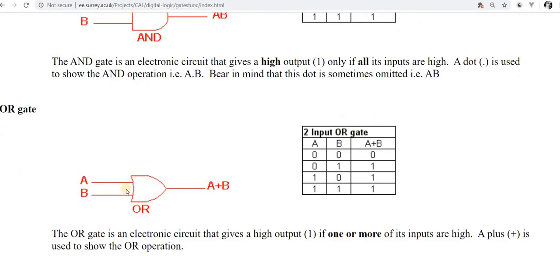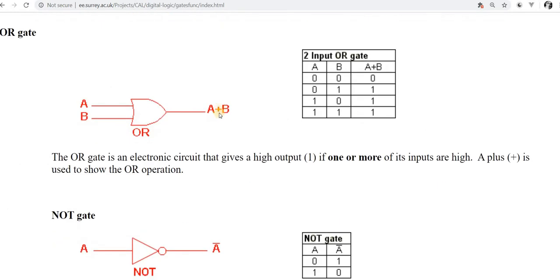Similarly, this is the diagram of OR gate, and here the OR gate is denoted by this plus sign. A and B are the input, and the output is A plus B. Remember these diagrams.